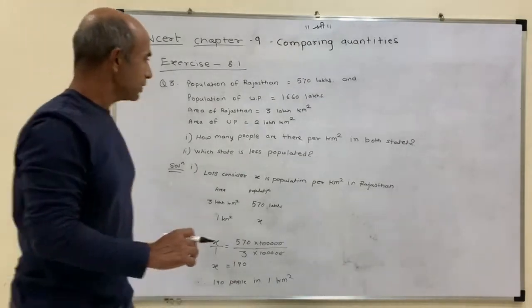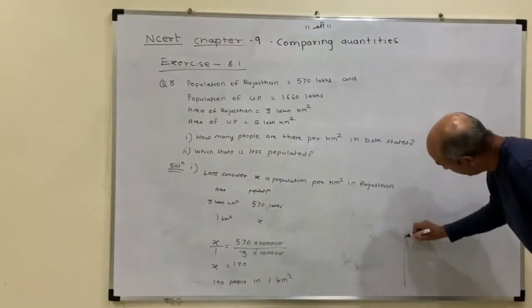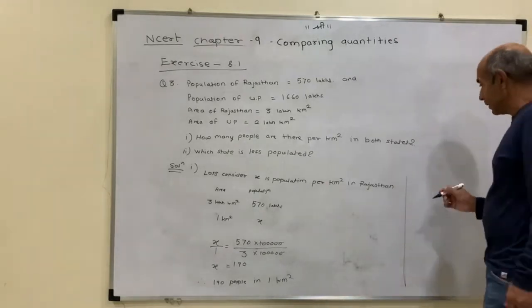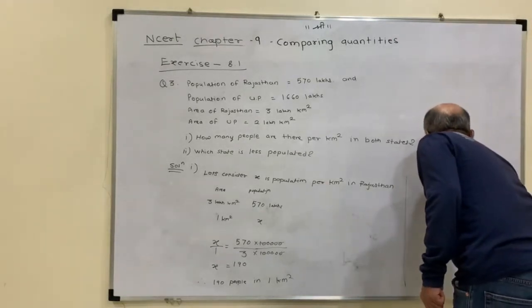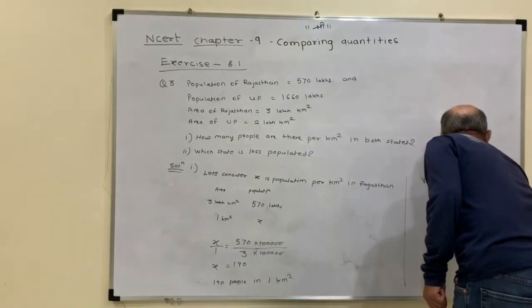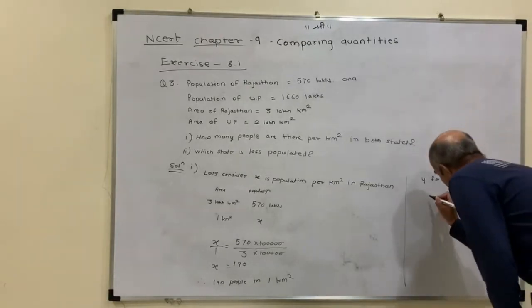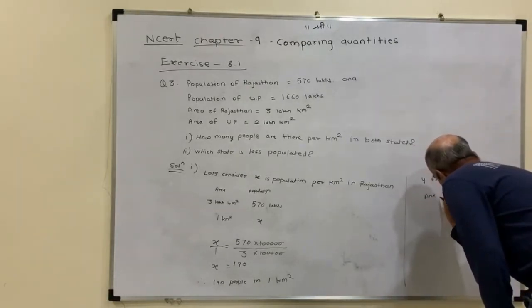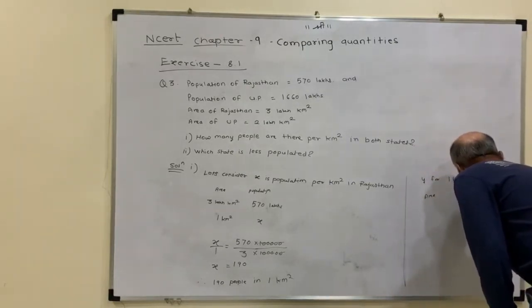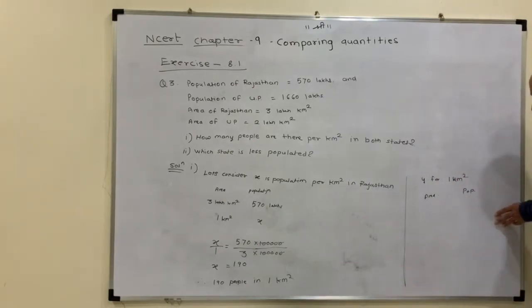Now similarly, we do this for UP. I consider Y for 1 kilometer square in UP. Again same area and population. Due to the word size restriction, I am using short forms.